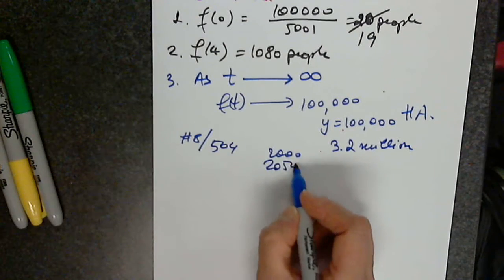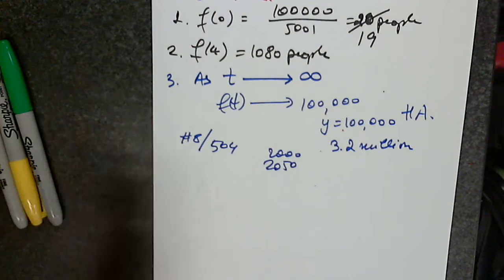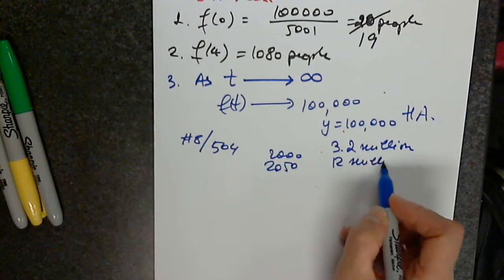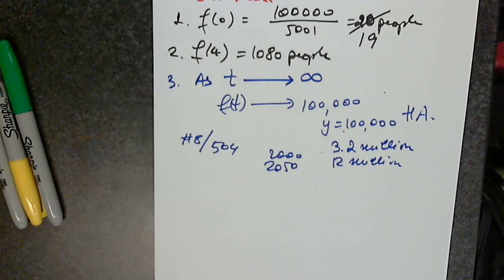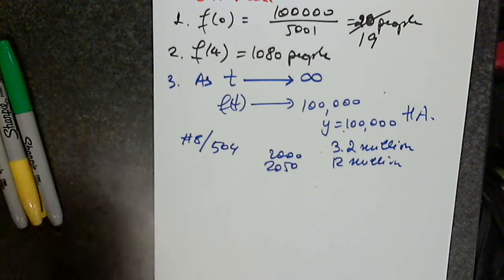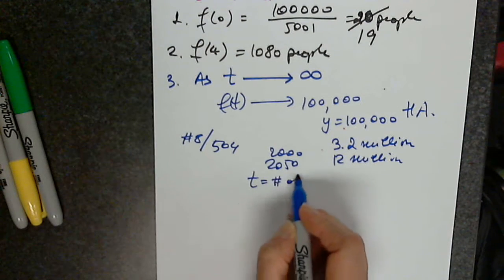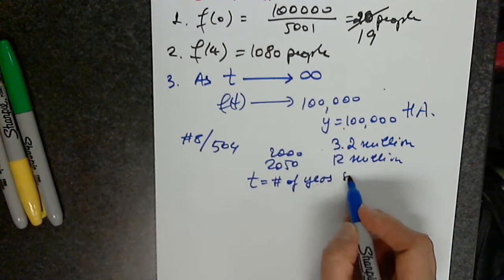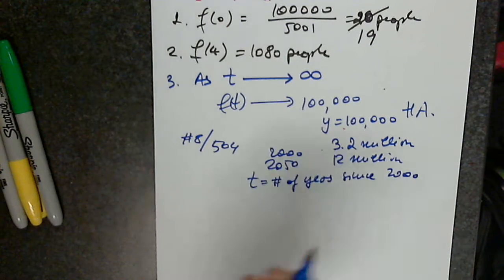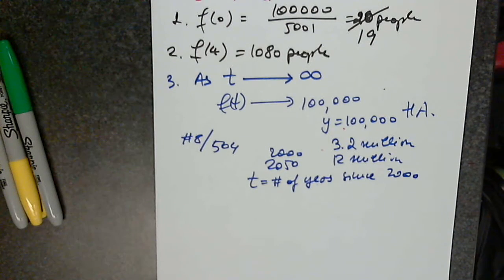By the year 2050, it is predicted to grow to 12 million. Use the exponential growth model in which t is the number of years since the year 2000 to find the exponential growth function that models the data.